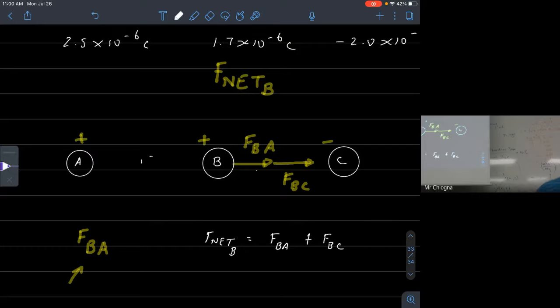Just add them together. That will give you F net. And yes, F net is to the right. Draw it from the tail of the first to the tip of the last. That's your F net, to the right. You're going to have to draw these diagrams with arrows to know the direction of the net force.